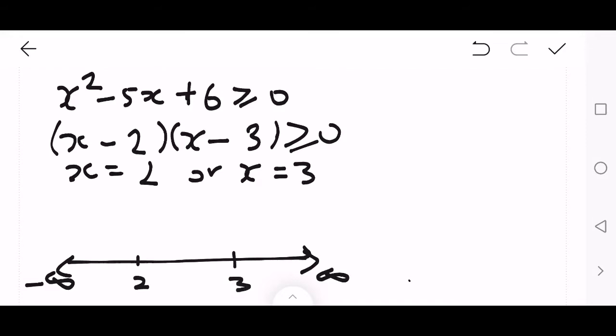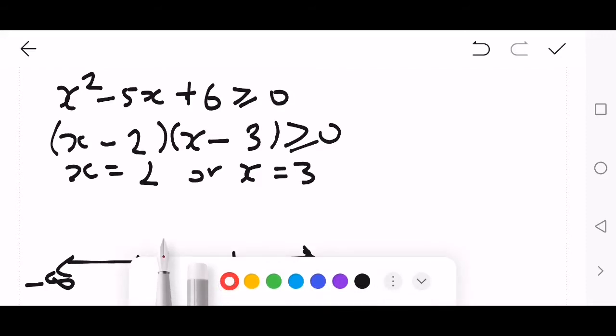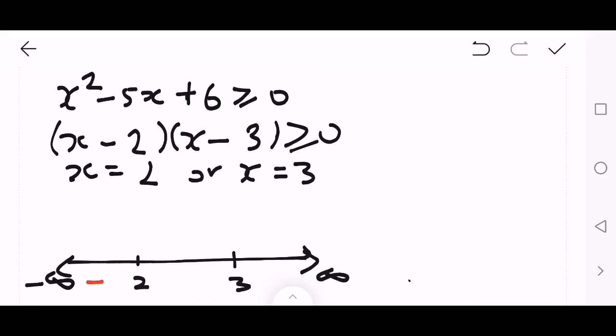So again, we'll take numbers. So a number from here would be 1.